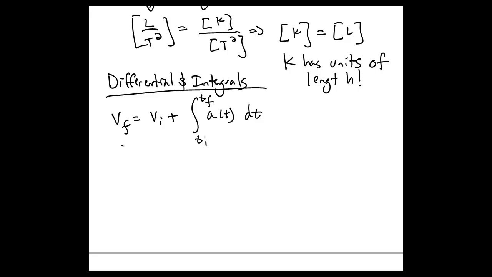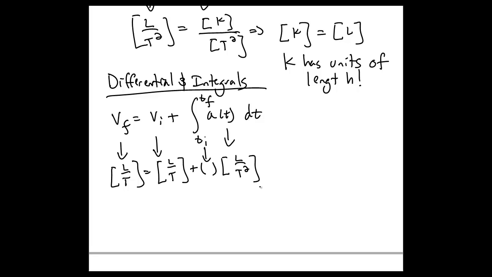Let's examine the physical dimensions of each term in turn. As before, velocity and speed have units of length per time. We don't really know what to do with this integral sign yet, so we'll just leave that blank for now. The acceleration has units of length per time squared, and then we also have to do something with the units of dt. So let's talk about what to do with this dt.